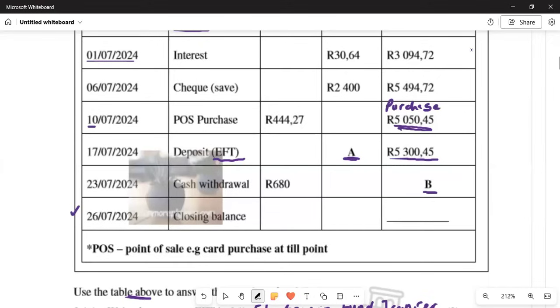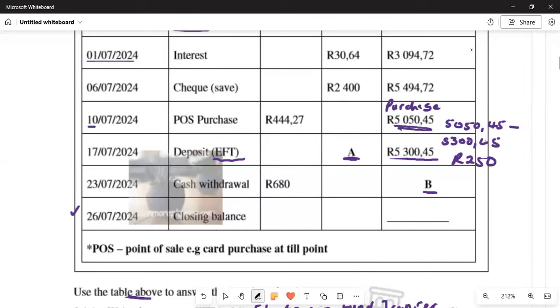So 5,345.45 minus 5,000 and 50.45 is equal to 250.